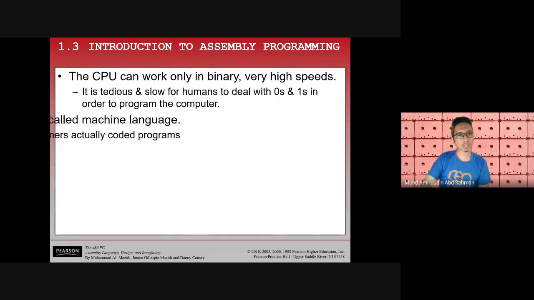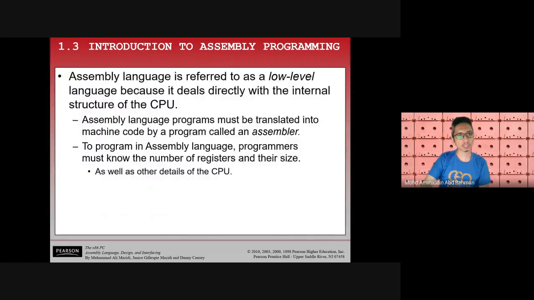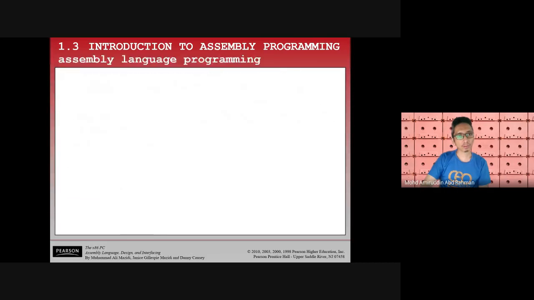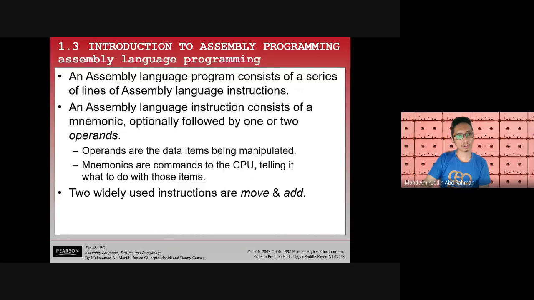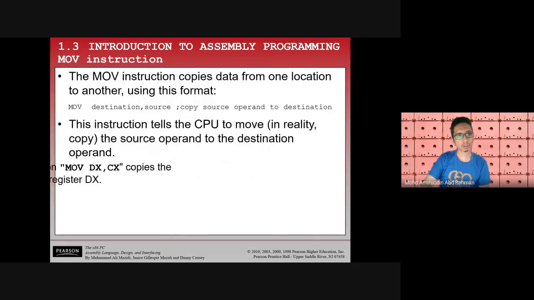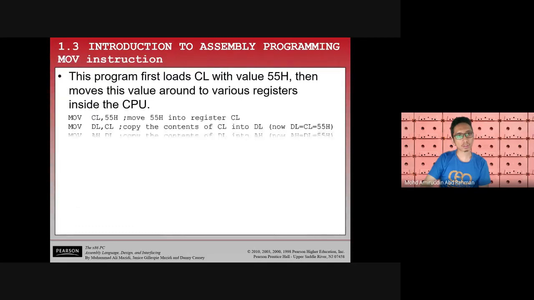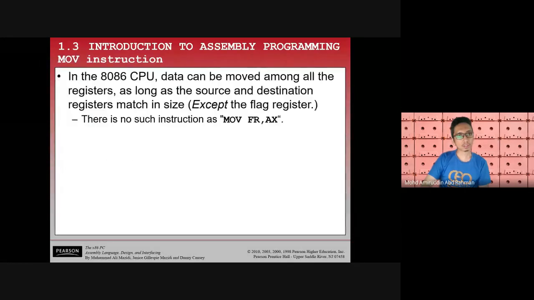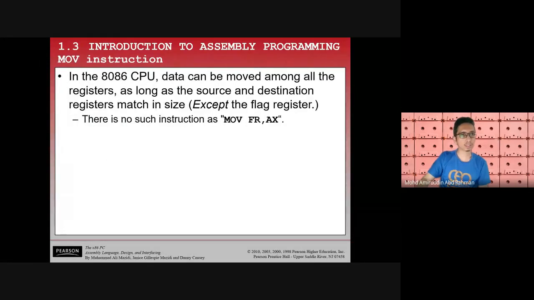So let's say here, as I just mentioned, here the data can be moved along all registers as long as the source and destination registers match in size, except in the flag register.